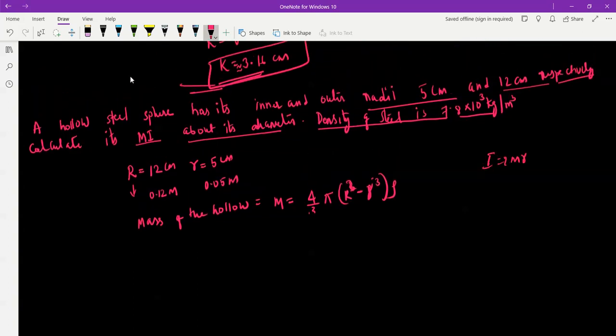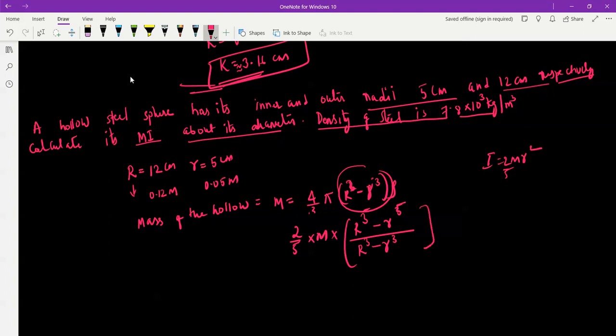But here the radius is not just one; you have inner and outer radius. So now I have to write 2 by 5 into m into, that is the mass, we know that. So what is the mass? Mass is 4 by 3 pi, they have given it, into R cube minus small r cube, into rho.